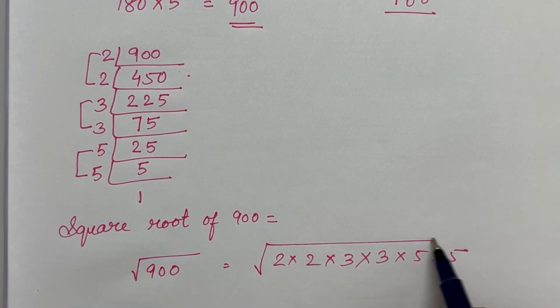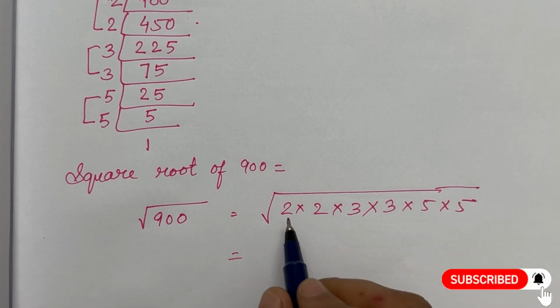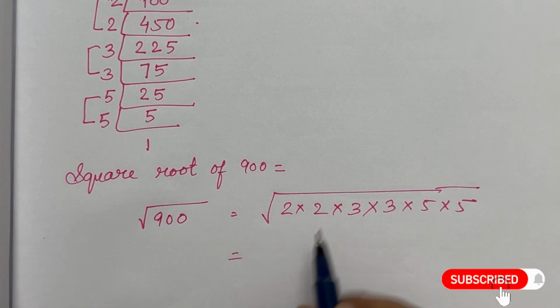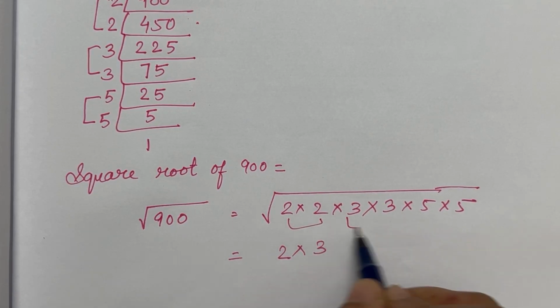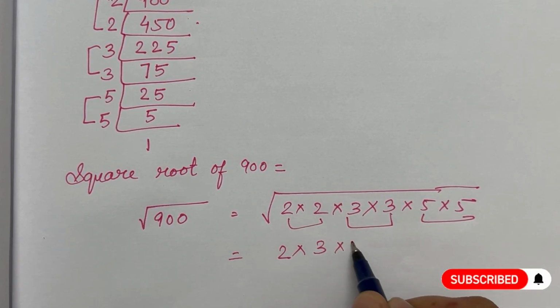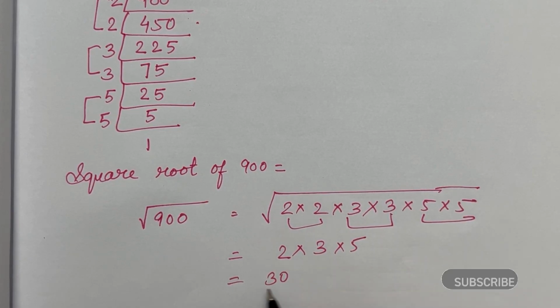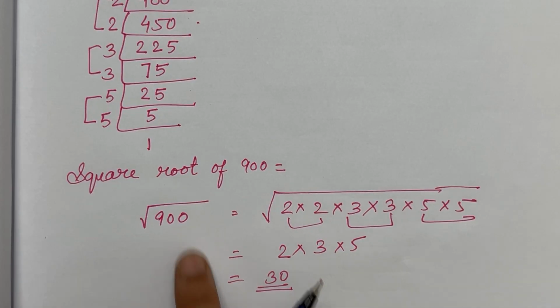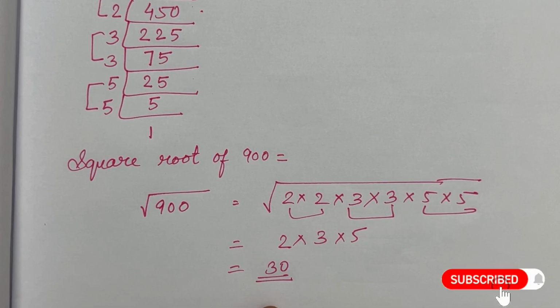Okay, we'll write one number from each pair. So we have 2, 2, so we'll write 1 2, 1 time 3, and 1 time 5. So 2 multiplied by 3 is 6, 6 into 5 is 30. So 30 is the square root of 900.